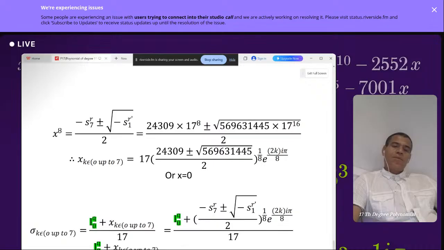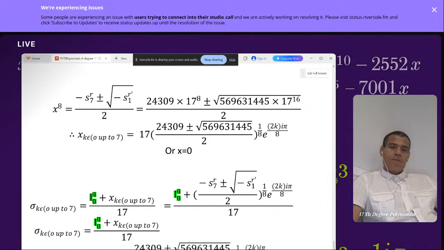Okay. We need to calculate that discriminant, the part under the square root. S7R squared minus 4 times S15R, with S7R being 24309,178 and S15R being 5324009,1716.